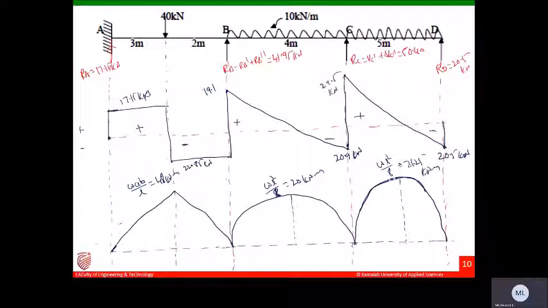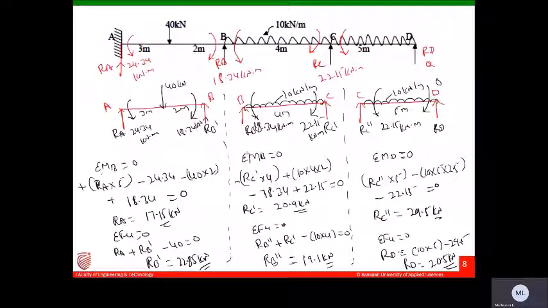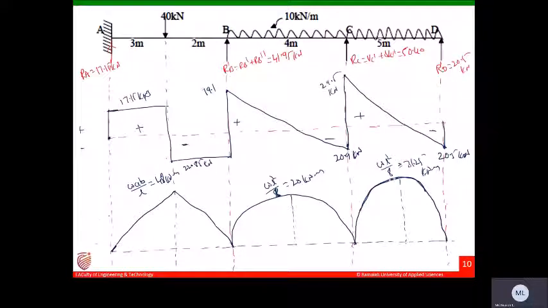You already calculated what the support moments are. At the supports, you already know the support moment, 24.34. So please show 24.34 here. Let us say this is datum, 24.34. And at this, 18.54, it is lesser than that. Then at this one, it is somewhere here.